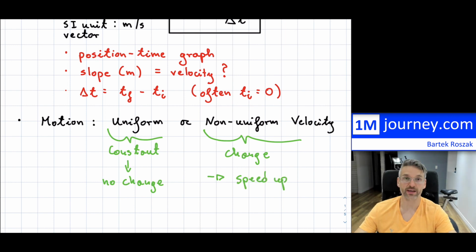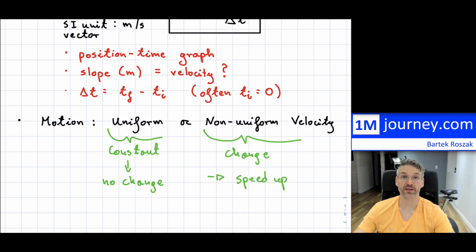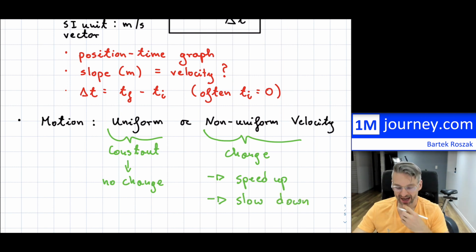You can start going faster, which would mean that you are no longer moving at a constant or uniform velocity because you're speeding up. You can also slow down. So if you're already moving, maybe you can slow down. And if you're slowing down, that means you're not going at a constant speed. So it means the speed or velocity is indeed changing.